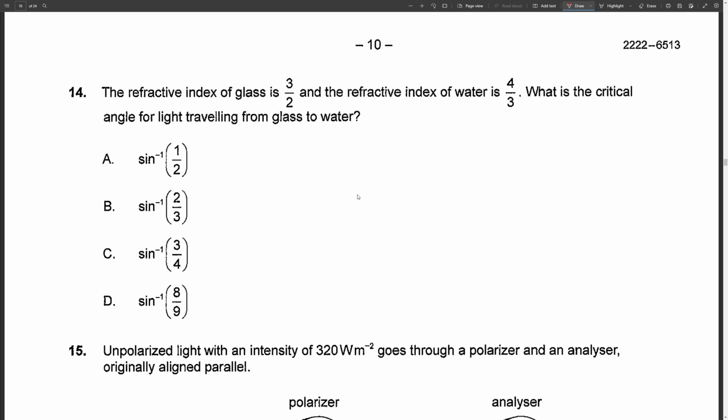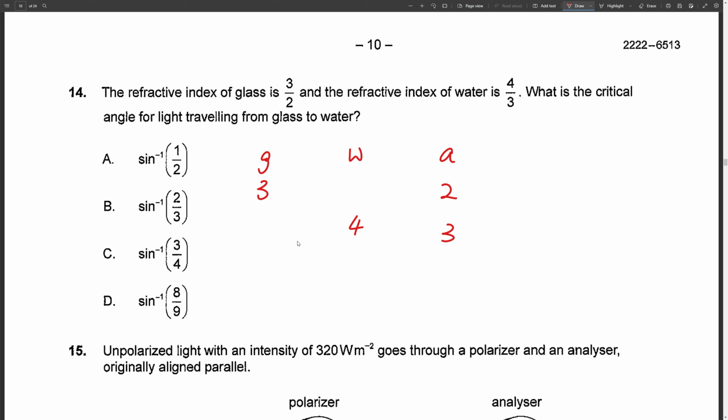In question 14, you are given the refractive index of glass and the refractive index of water. Let's put these all together in the following table. This is the glass, this is water, and this is air. Their relative refractive index is 3 to 2 for glass to air, and 4 to 3 for water to air.